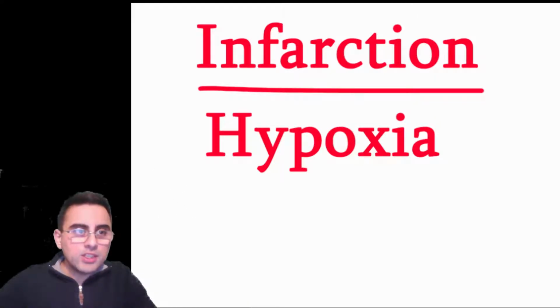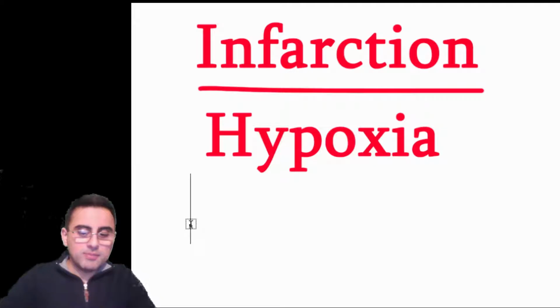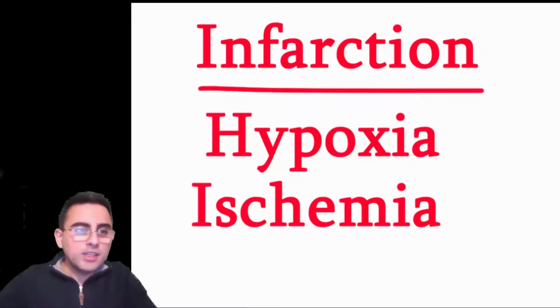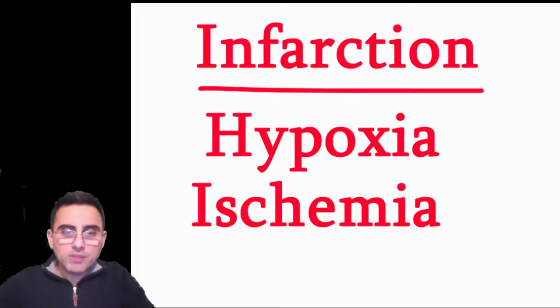Hypoxia is deficiency of oxygen, and ischemia is abnormal blood supply. Hypoxia and ischemia are the main factors in the progression of infarction.